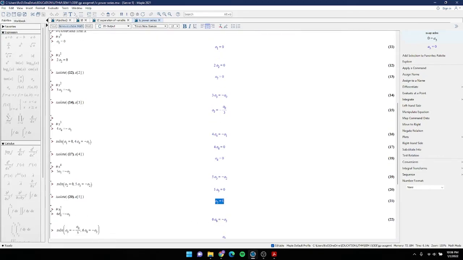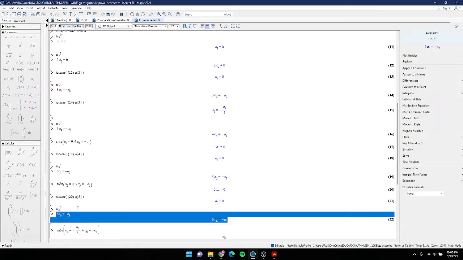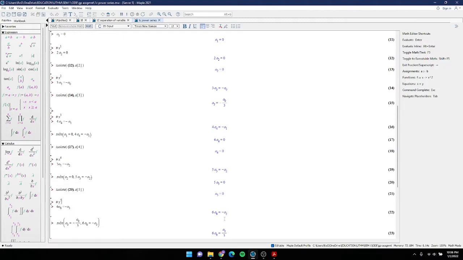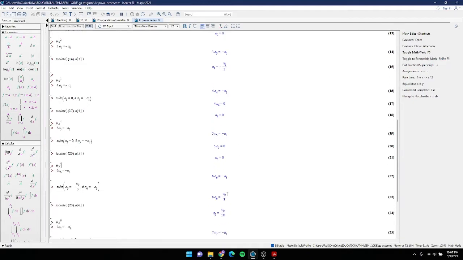And then we compare for x to the power of 5. We got 6a6 from the left hand side equals negative a3 from the right hand side. As we all know, the value of a3 is equal to negative a0 over 3. So we get 6a6 equals a0 over 3.